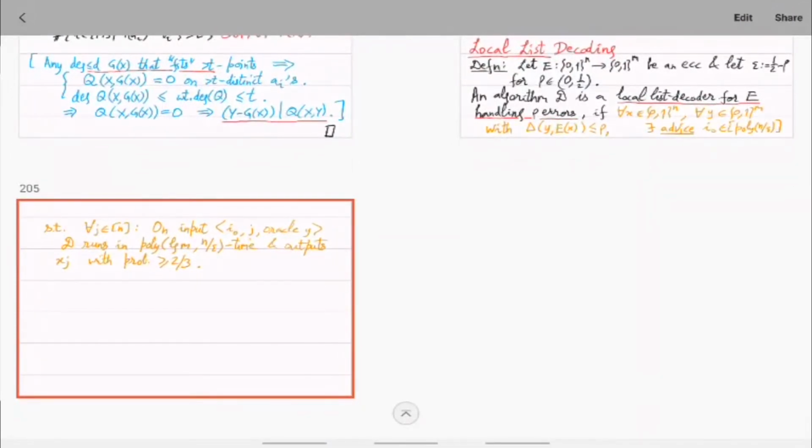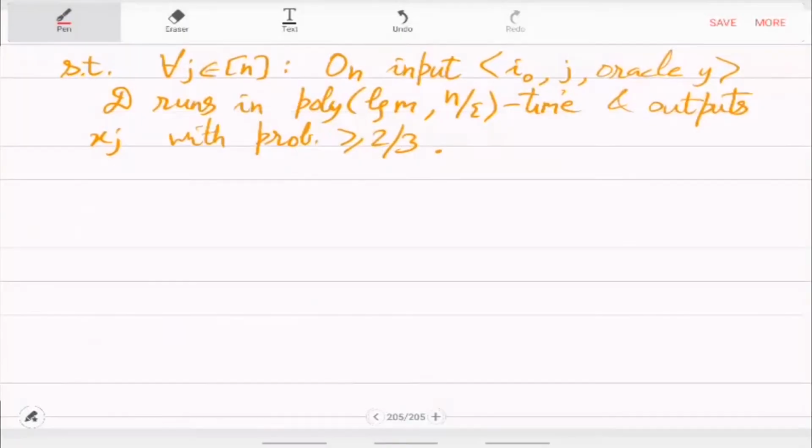Okay, so that is the definition of a local list decoder handling rho errors. For any message x and corrupted codeword y given as an oracle, once somebody gives you an advice, then any jth location of x can be found with high probability and very efficiently.